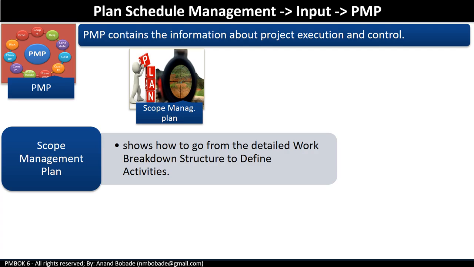So we have the scope management plan, which shows how to go from a detailed work breakdown structure to defining activities. The WBS will show a list of deliverables or work to be done, and the schedule management planning process will give a plan on how to get that work done.